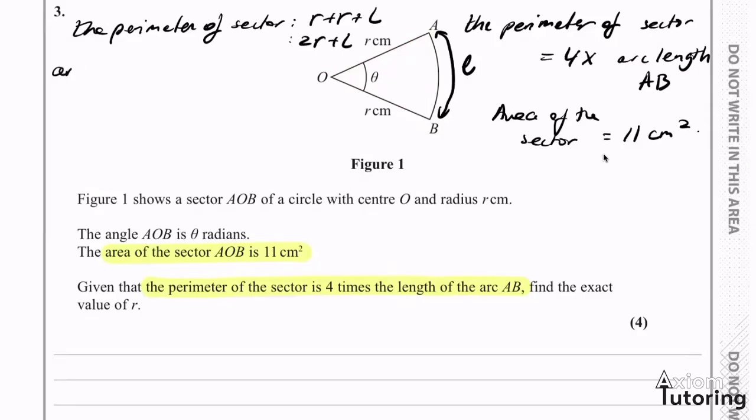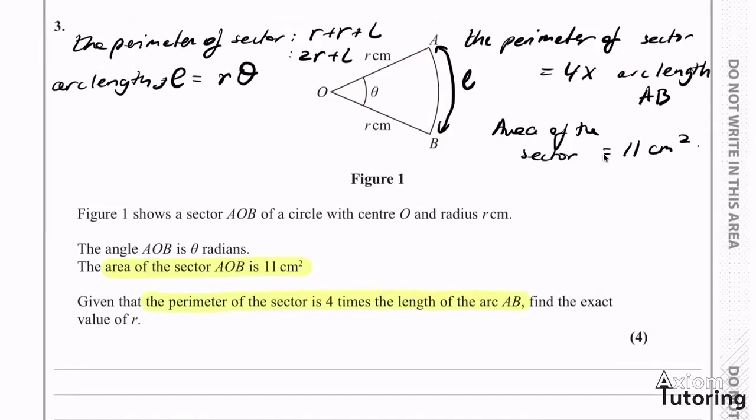And our arc length, so that's length L, is equal to R theta. So have a look at your equations and your formulas for sectors. You should see arc length L is equal to R theta for theta in radians.